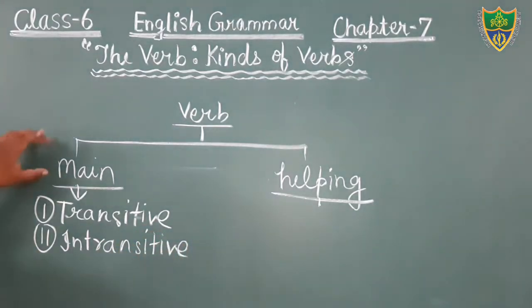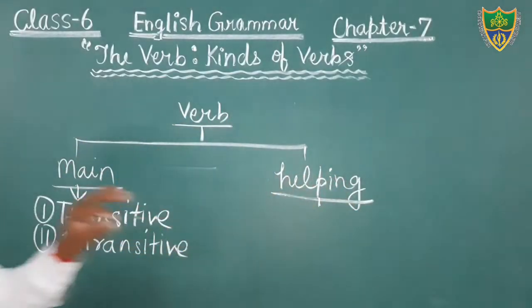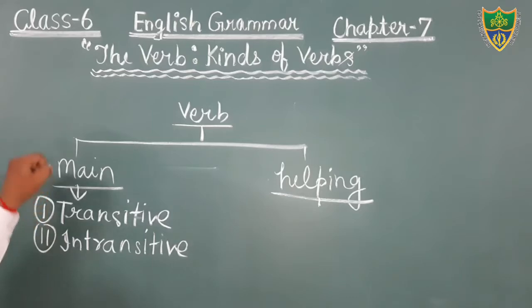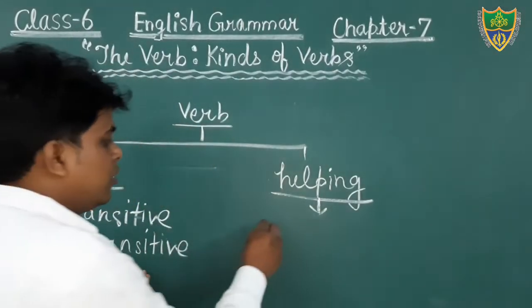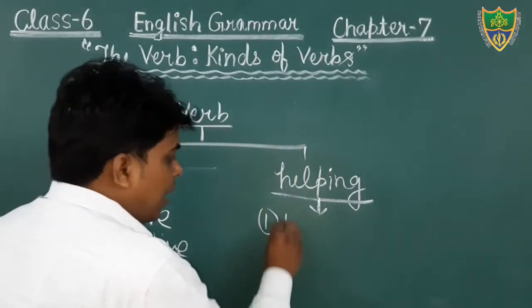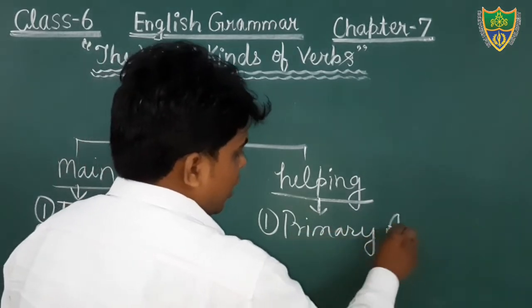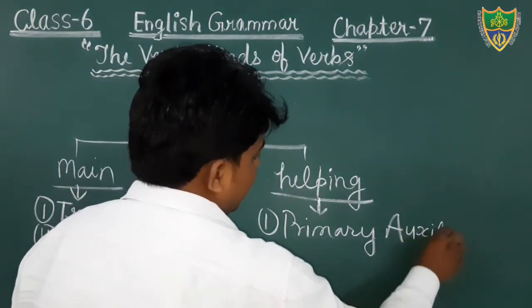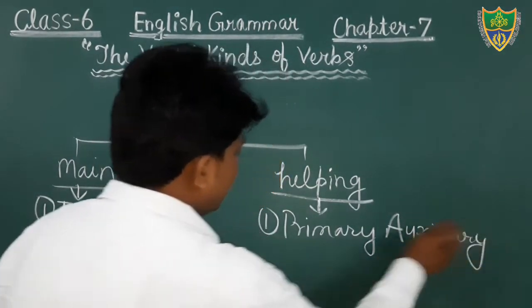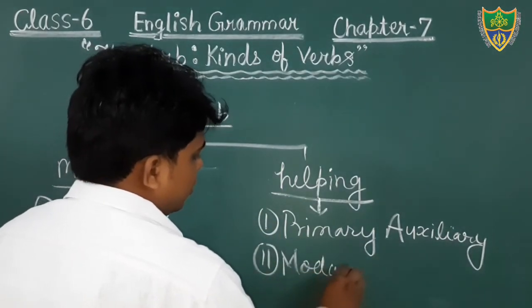Okay students, just see here. There are two kinds of verb, main verb and helping verb. Main verb can be categorized into two sub-kinds, that is transitive verb and intransitive verb. And helping verb, also known as auxiliary verb, can also be categorized into two sub-kinds, that is primary auxiliaries and modal auxiliaries.